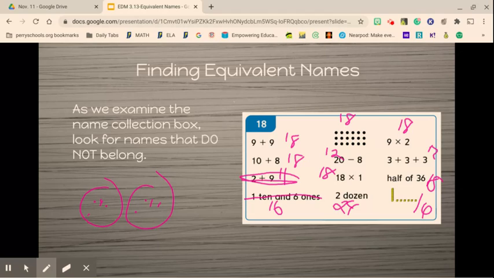You should have marked off 20 minus 8, 2 dozen, 3 plus 3 plus 3, and the base 10 one that added to 16. We are left with 1, 2, 3, 4, 5, 6 numbers that are equivalent to 18.